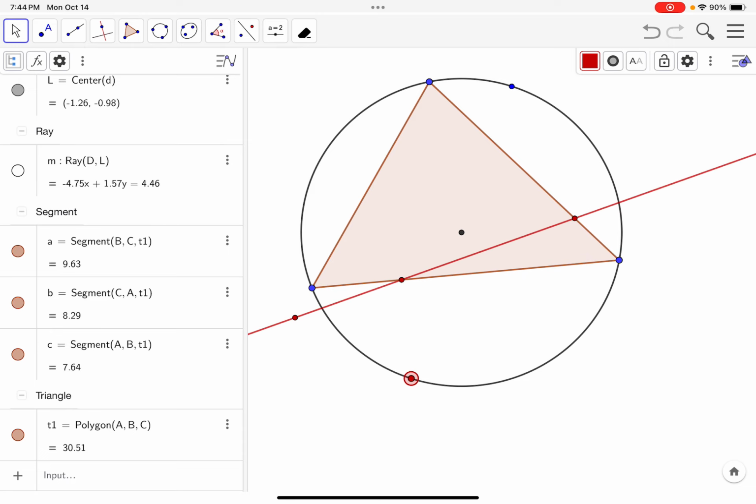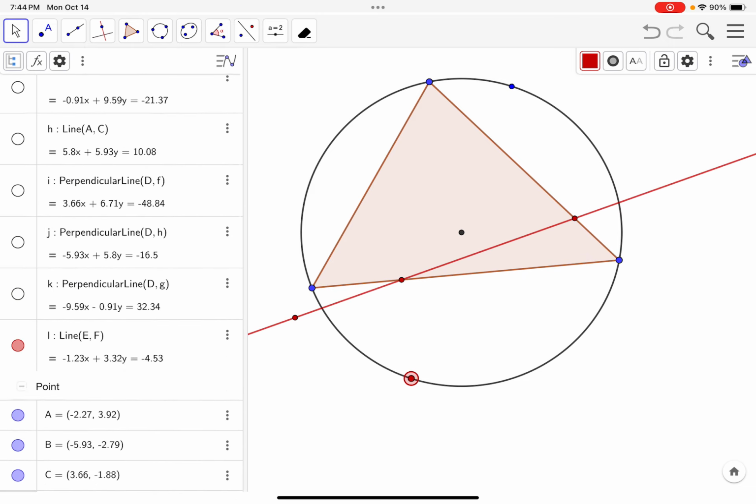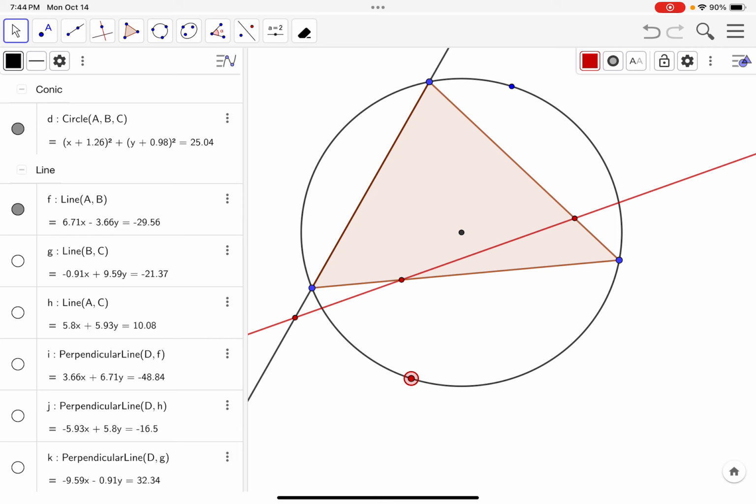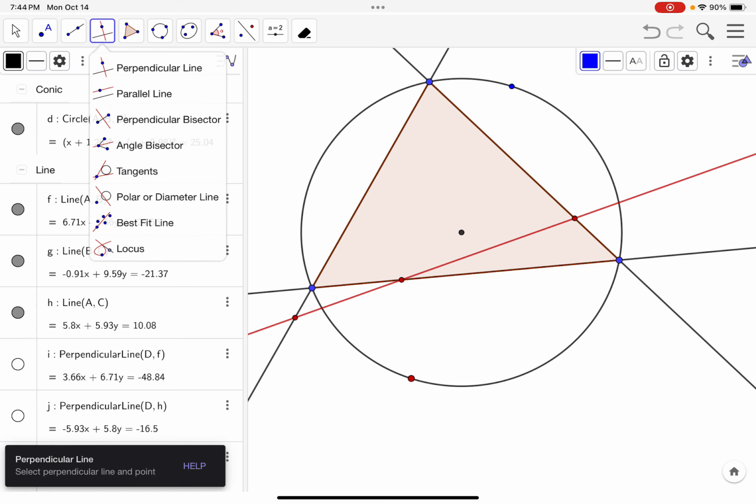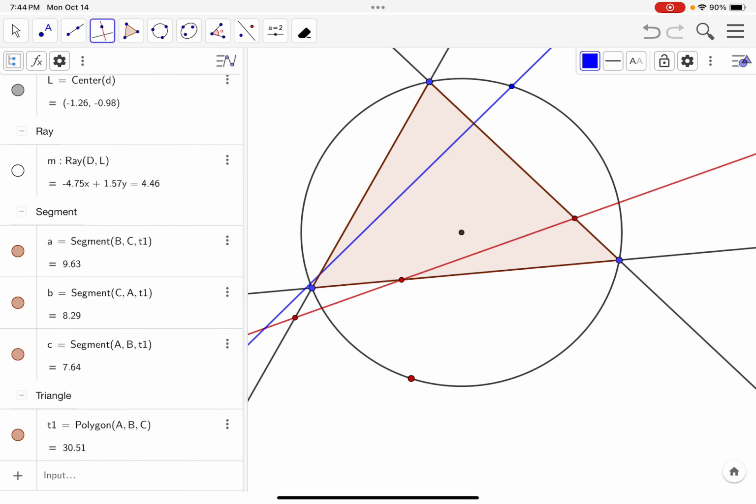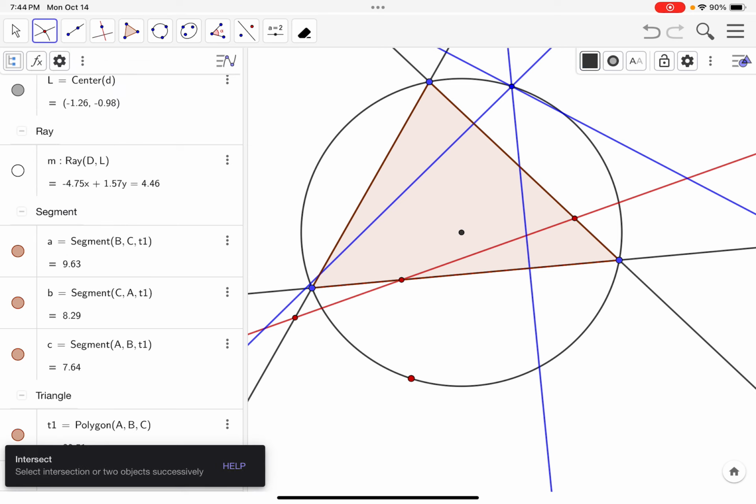And so we should be able to construct its Simpson line fairly quickly and see what happens. So I'll go ahead again and draw in the three sidelines of the triangle. We'll construct perpendiculars through here, through here, through here. And then we'll go ahead and place points at the intersections that we need.